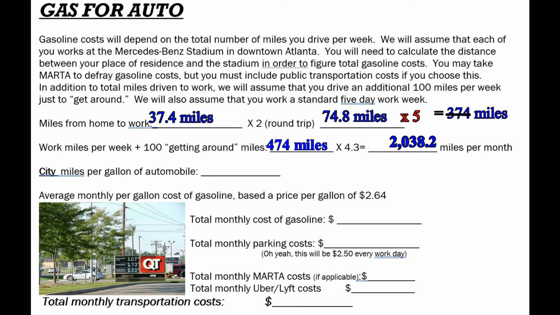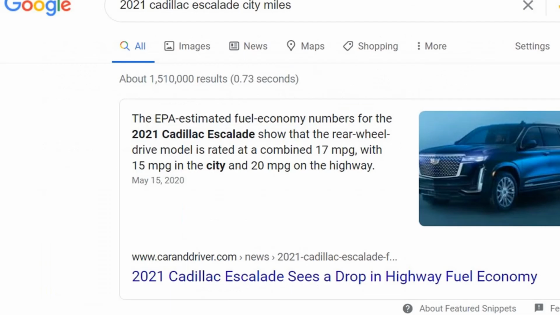So for that example, I'm going to use that for this gas purpose. I'm going to Google my 2021 Cadillac Escalade city miles, and that gives me 15 miles. That Cadillac gets 15 miles per gallon.